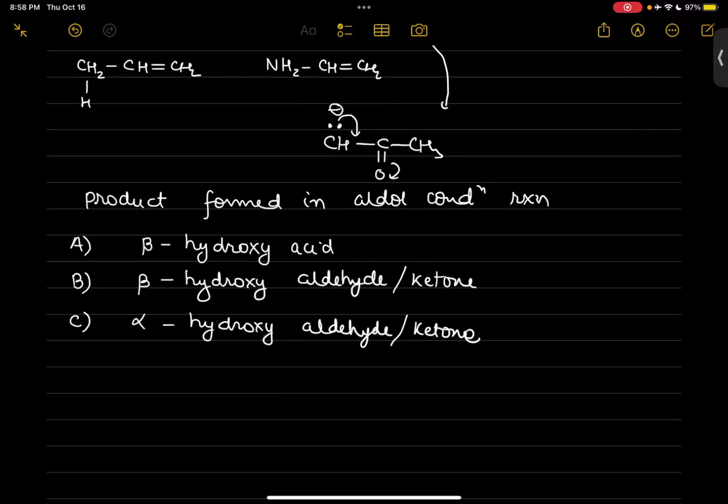Alpha beta unsaturated ester. This is also a NEET question. So, which is the product for the aldol condensation reaction?